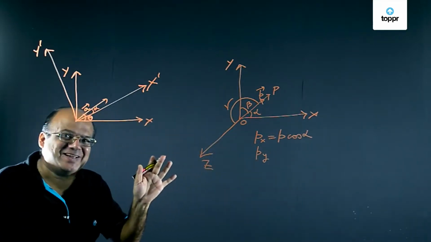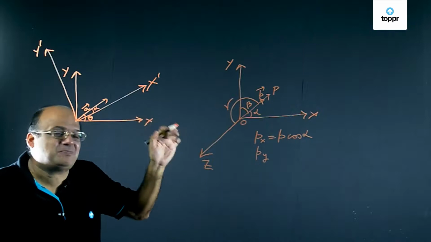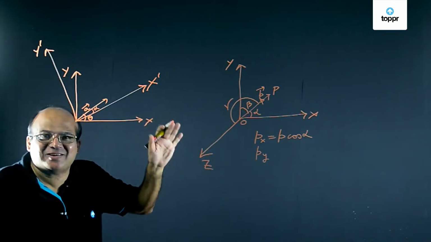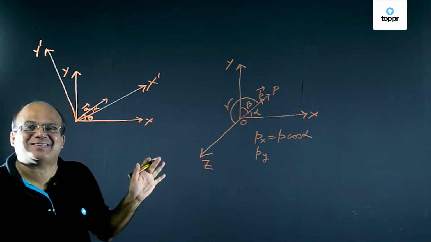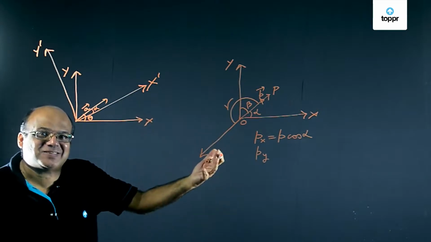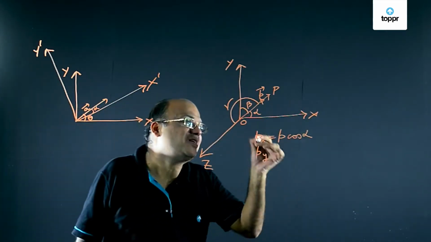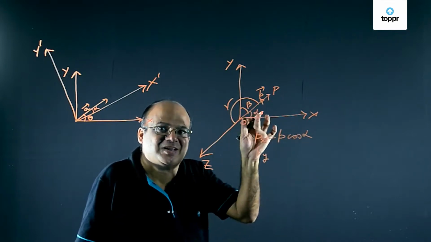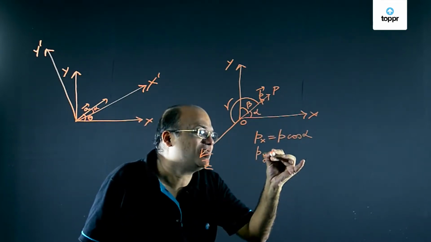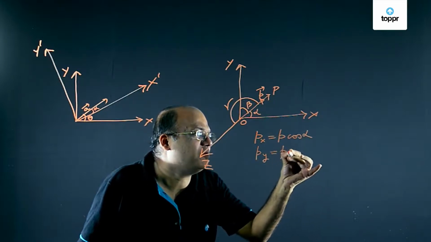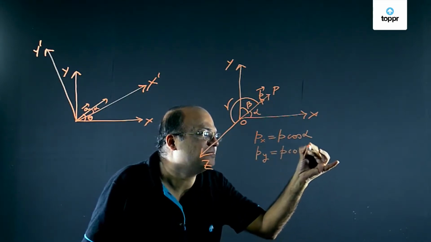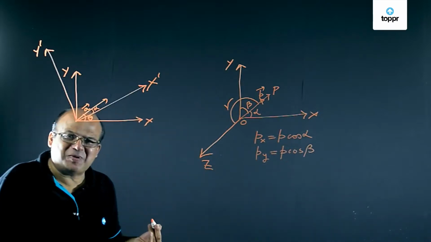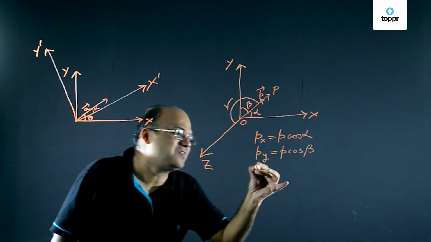No, not P sin alpha. It is P cos beta. That sin cos is valid only for 2D case. Now this is 3-dimensional space. So that relationship does not work. Remember, alpha plus beta here is not 90 degrees. It may look in the diagram, but actually it is not 90 degrees. So Py will be P cos beta. What will be Pz? Right, it is P cos gamma, that's simple.